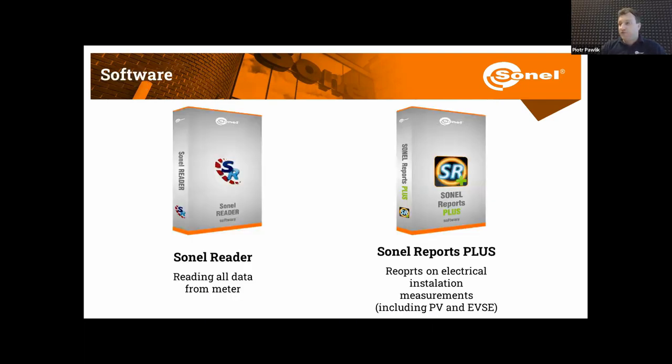Okay, and finally, we need to prepare the reports. So we can have different software. Here's the one just for downloading data from the meter, and the other one is for creating the reports on any installation, photovoltaic, electrical car charging, and regular low voltage installations.